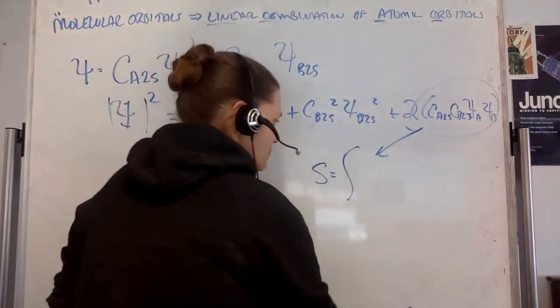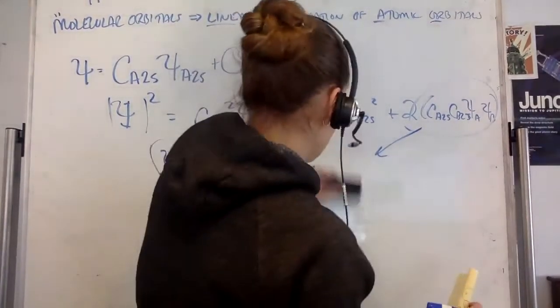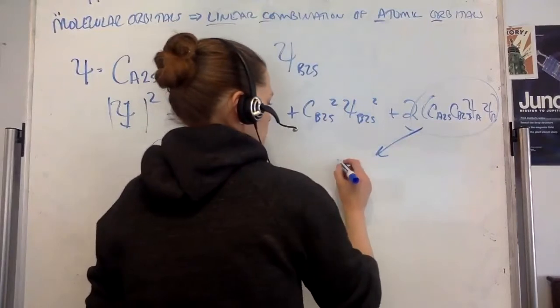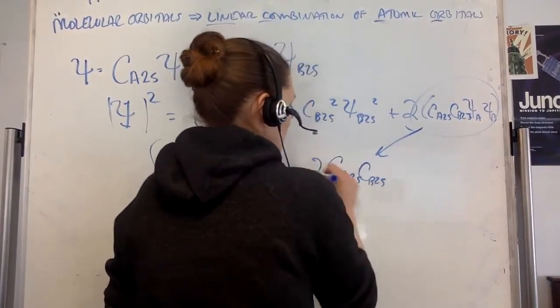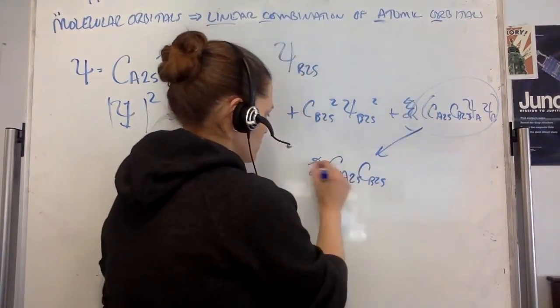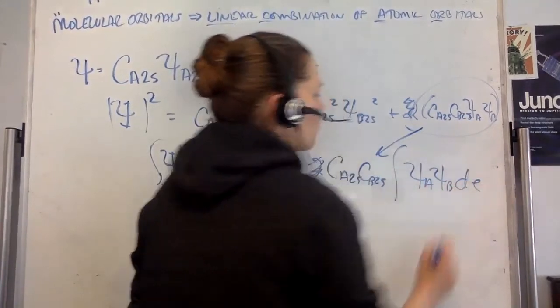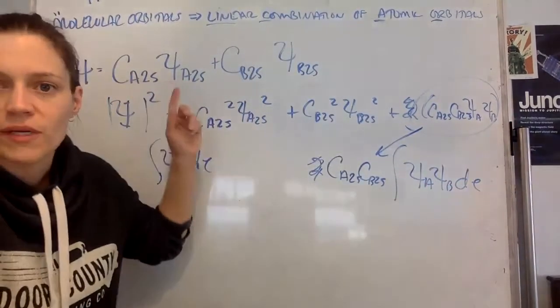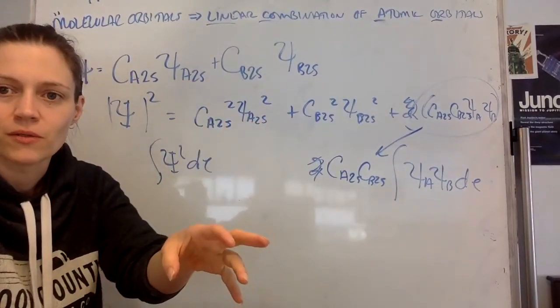And you've got the two coefficients. So Ca2s, Cb2s, multiply that by 2. Actually, no, there's not going to be 2 there. Sorry. Integral psi A psi B d tau. What do you know about the two s orbitals of a homonuclear molecule?